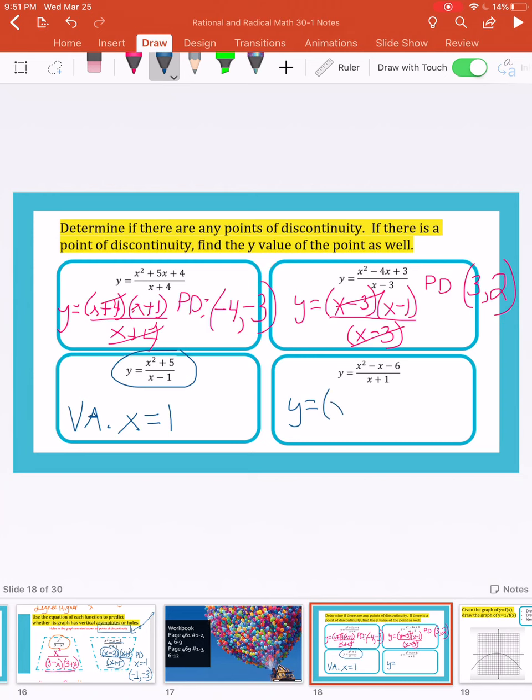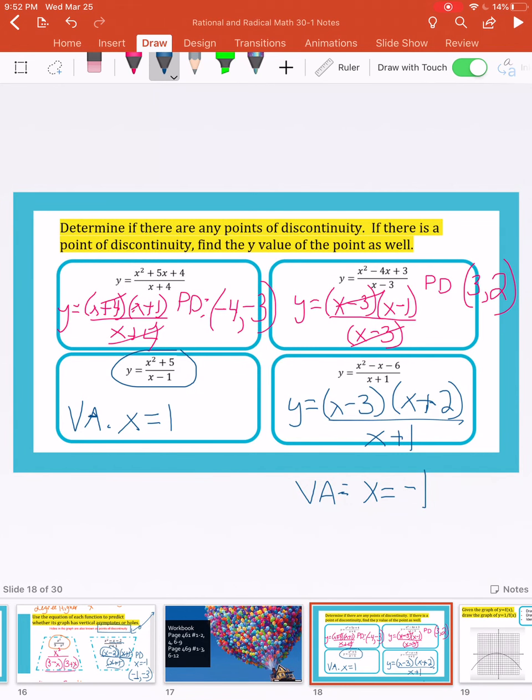So those will be x minus 3 times x plus 2, all over x plus 1. So I know that there will be a vertical asymptote here. There will not be a point of discontinuity because there are no factors that cancel out. So my vertical asymptote would be x equals -1.